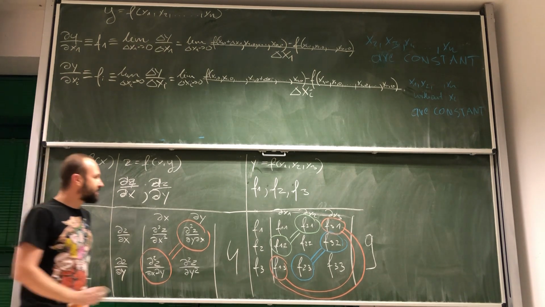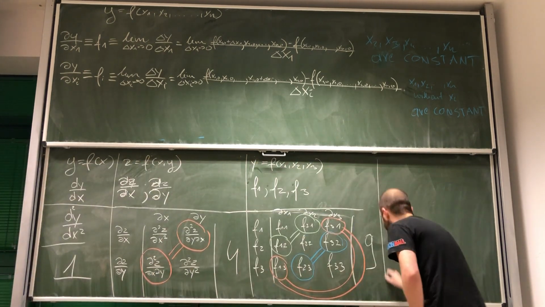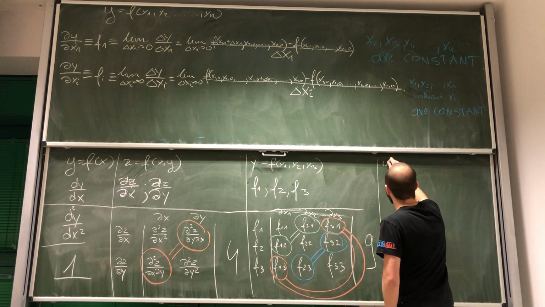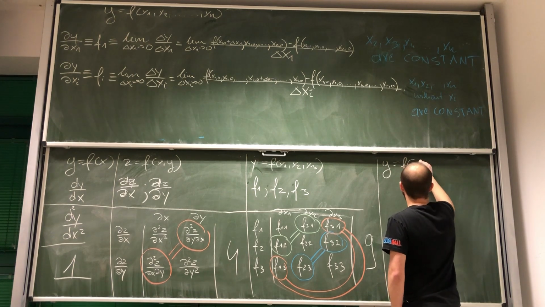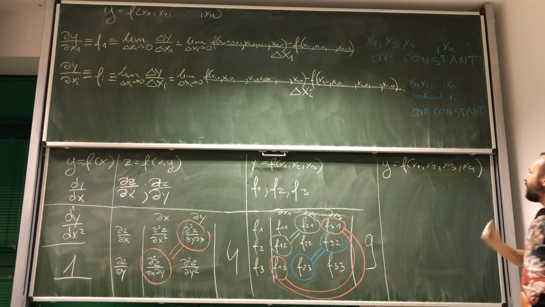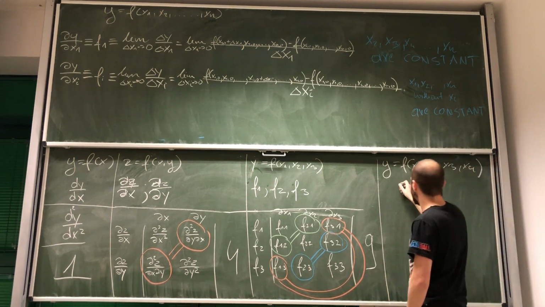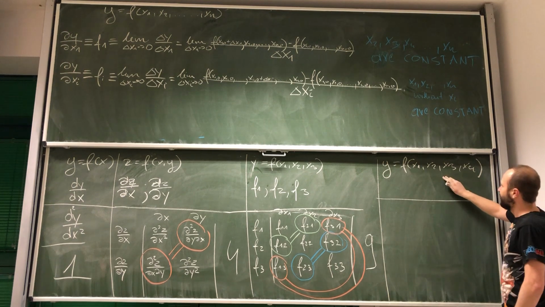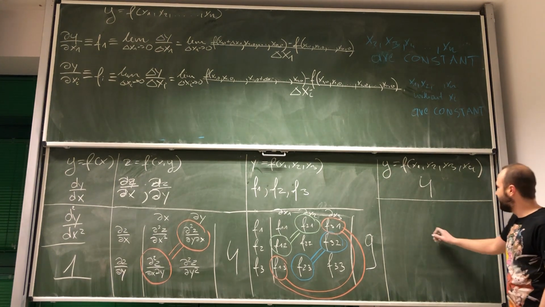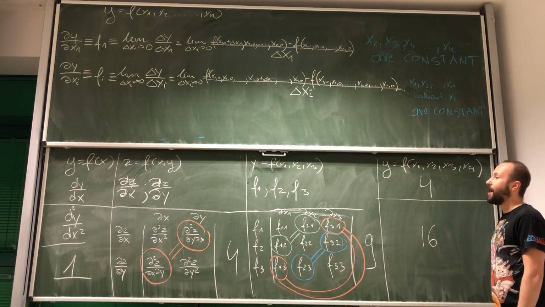Okay, so now let's figure out if we would have a function y equals to f of x1, x2, x3, and x4, how many first derivatives we can have? Well, we can easily calculate. This is going to be 4. But now, how many second derivatives are we going to have? Well, 16. Why is it like that?